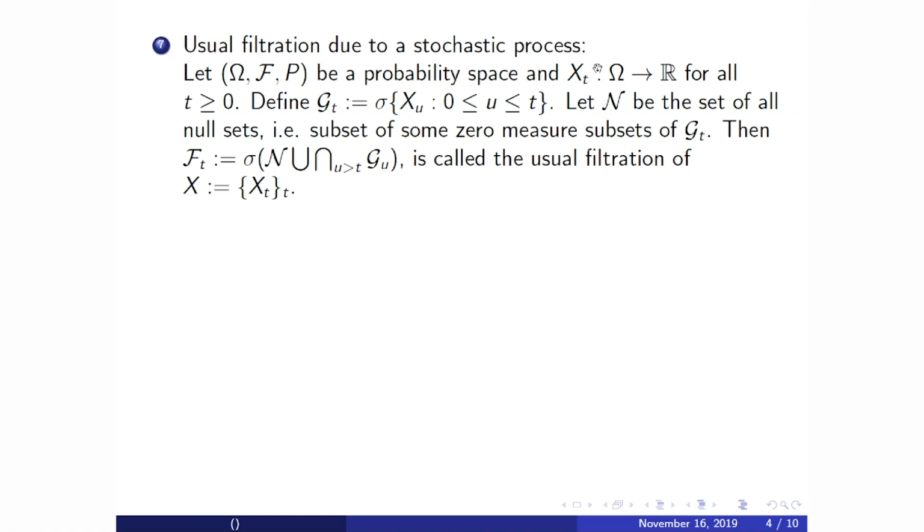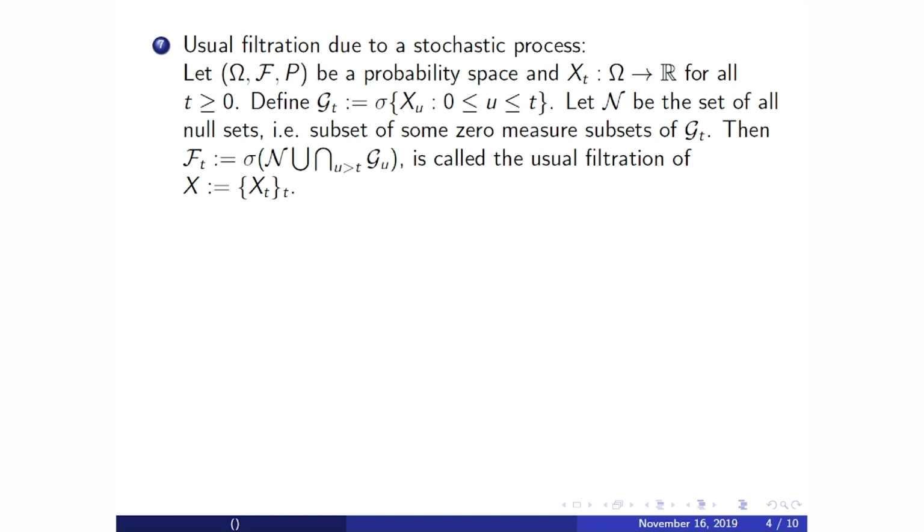So, what is the default filtration? Let us describe it. First, you just define Gt, which is the sigma algebra generated by Xu, where u is from 0 to t, closed. That Gt would of course form a filtration.